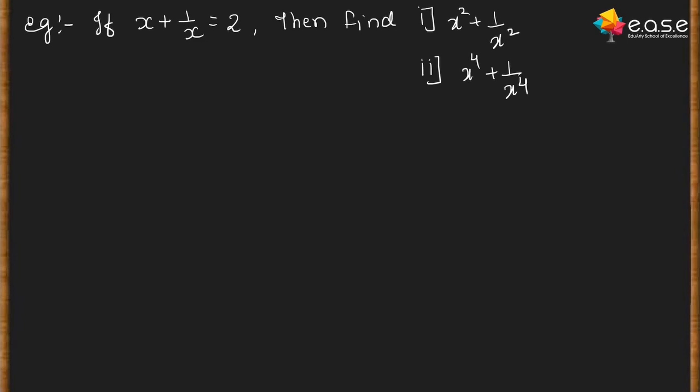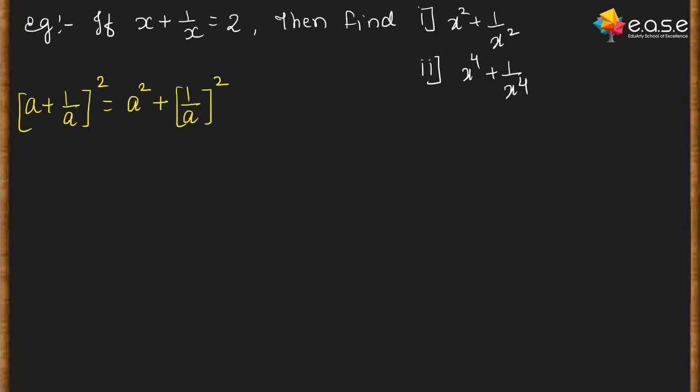Remember we have done one formula some time back, where we have a plus 1 by a the whole square. This is equal to a square plus 1 by a square plus 2. Correct.